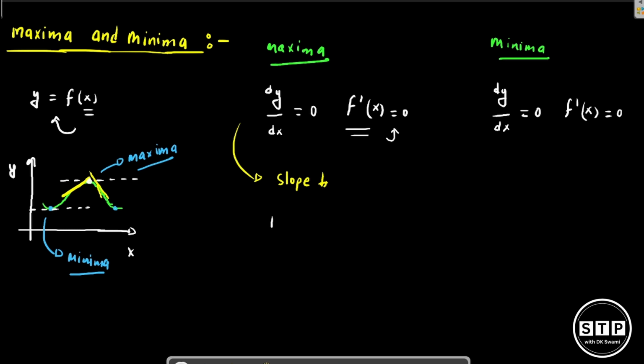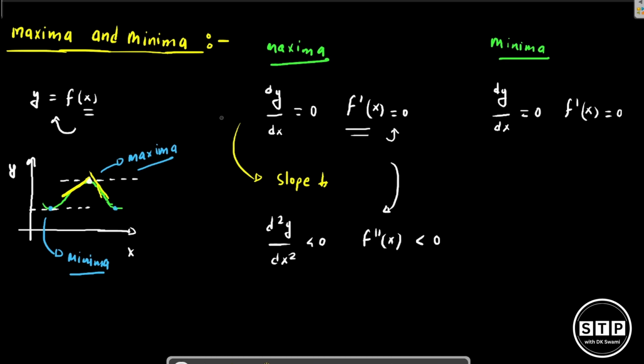So d square y by dx square is less than 0, that is, the double differentiation of the function with respect to x is less than 0 when we place any value of these solutions. Then these points will be known as the maxima points.